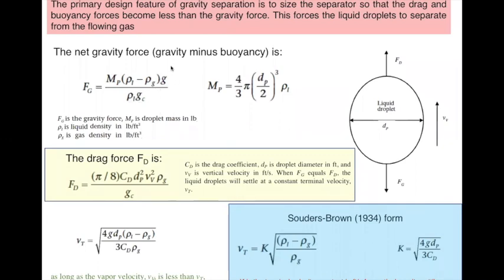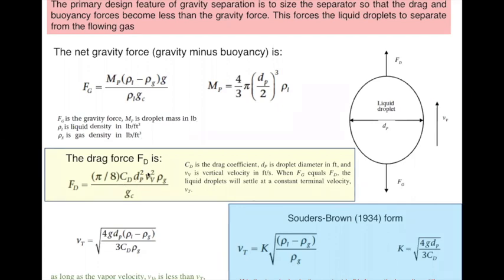So this is the net gravity force which is acting downward. And then you have a drag force due to the upward movement of the gas, right? Because gas is always moving upward. So here you have the drag force, and the relationship is given like this.